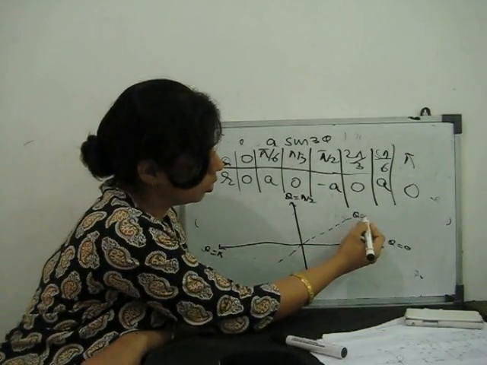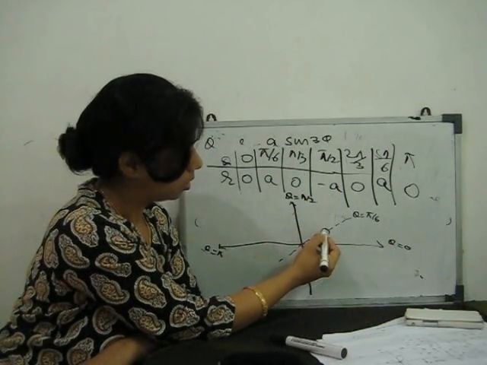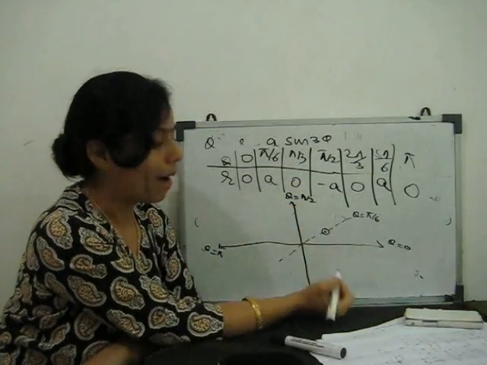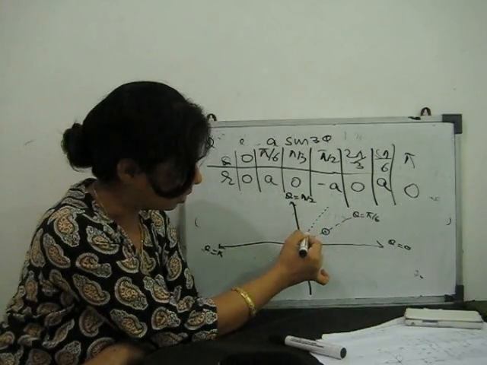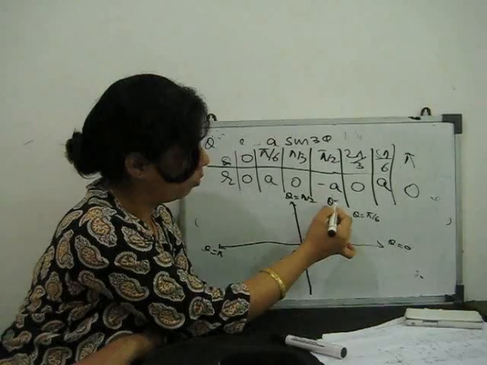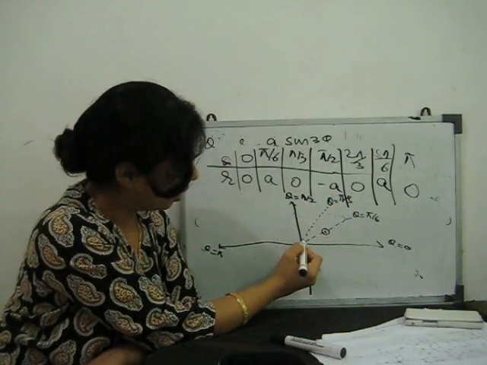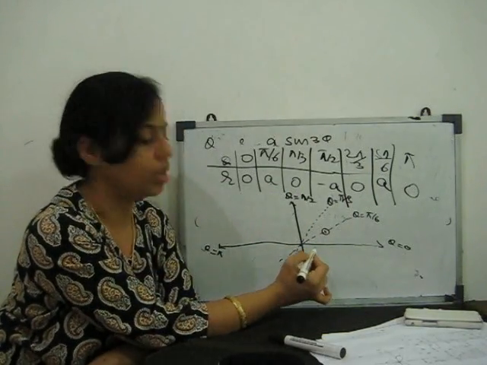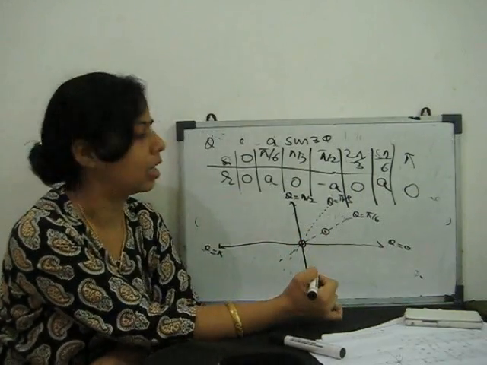This is theta is equal to pi by 6. At pi by 6, the curve has r equal to a. Next, theta is equal to pi by 3. If this line is theta is equal to pi by 3, then at theta is equal to pi by 3 our curve is 0. And it passes through the center, which means this is the center.